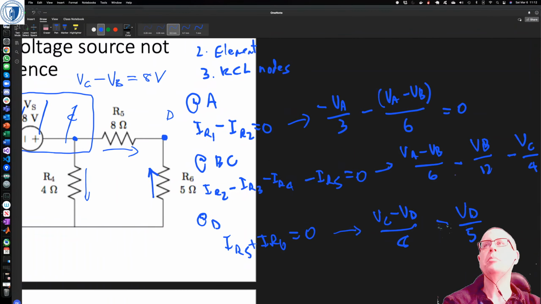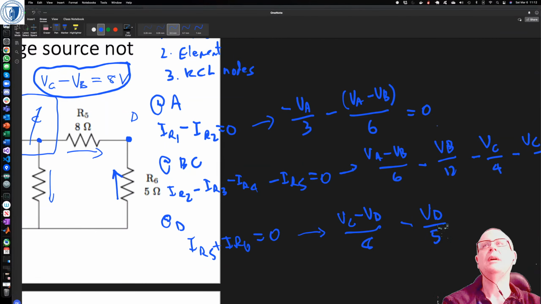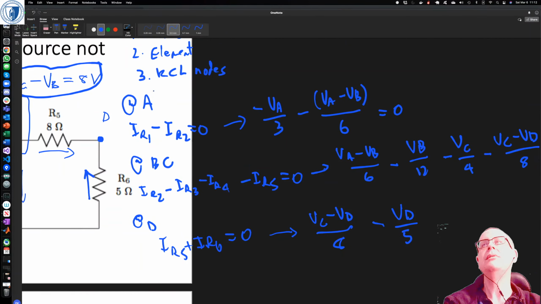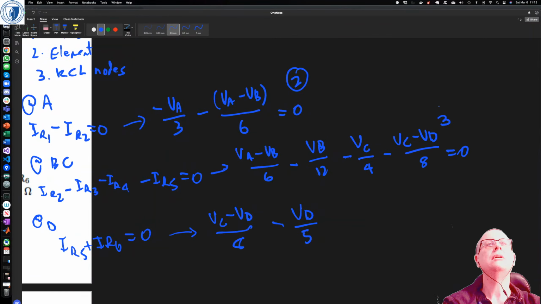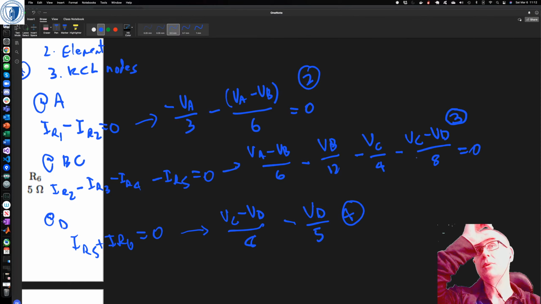Okay, we can combine that with our KVL equation up here, and we now have 4 equations. 1, 2, 3, and 4. Right, we have 4 equations in 4 unknowns.